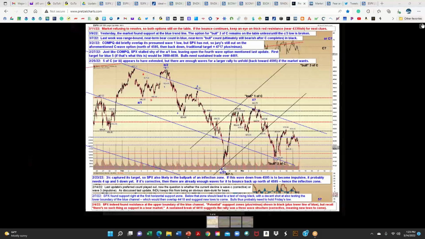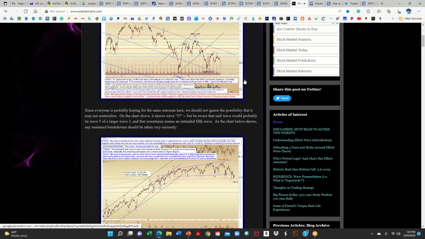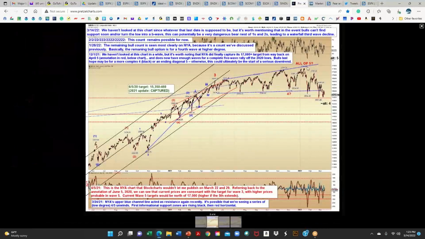And he even had the option, of course, for moving higher. We knew it. We had to break above the early March highs or late February highs to move higher. Now he's a perma bear, and he even starts to warn that we might only have a wave 4 and then a wave 5. I've shown you the NYSE chart, the NYA. If the perma bear starts to wonder, we might actually get an extended wave 5, that's what he's warning.